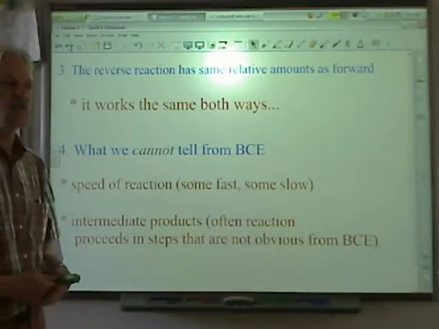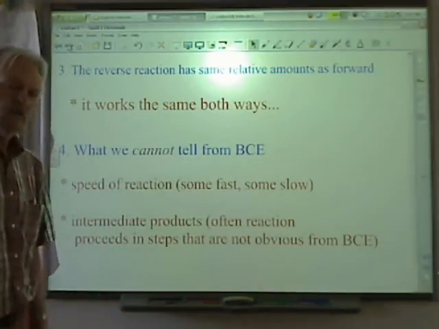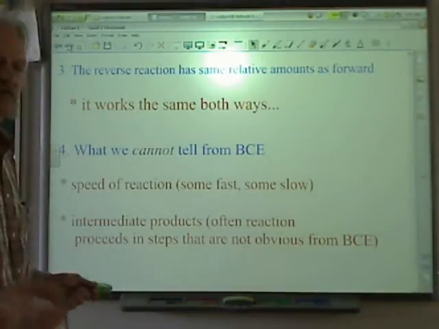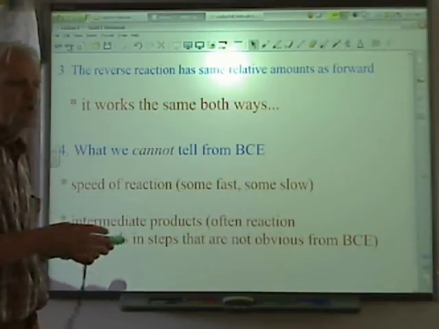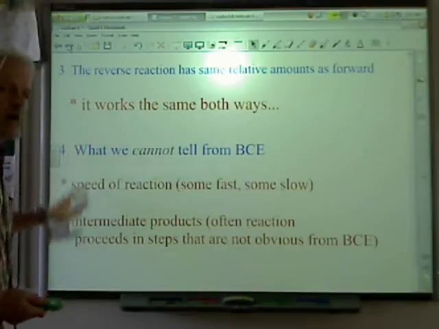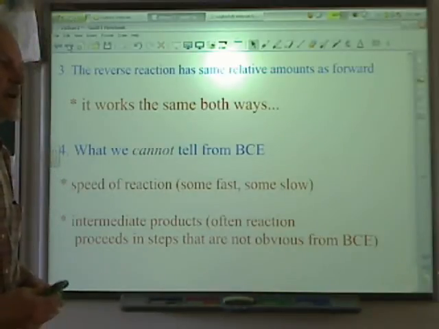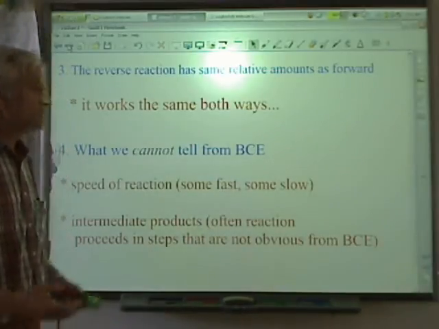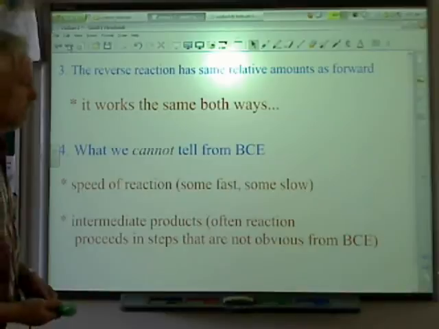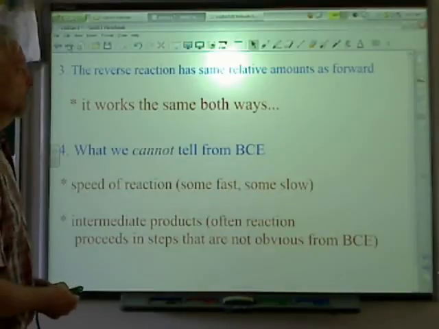So it doesn't give us a very good X-ray into the inner workings of the system, but it certainly does summarize the relative amounts and the view of what goes in and what comes out. Most of the discussion of kinetics and intermediate products is not included in this chemistry class. It's typically the subject matter of more advanced chemistry classes, but we'll just throw it out there so that you have some sense of what we can tell from the chemical reaction as opposed to what we cannot tell.